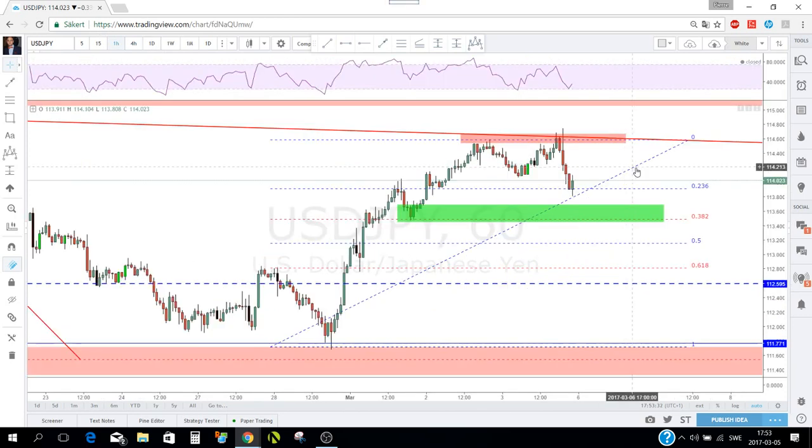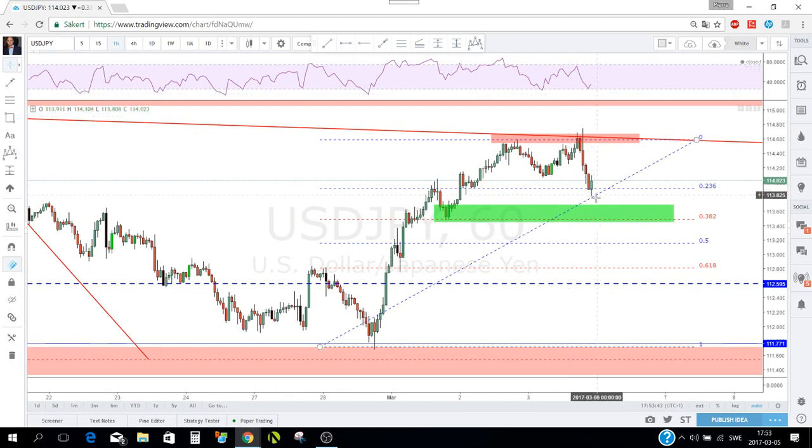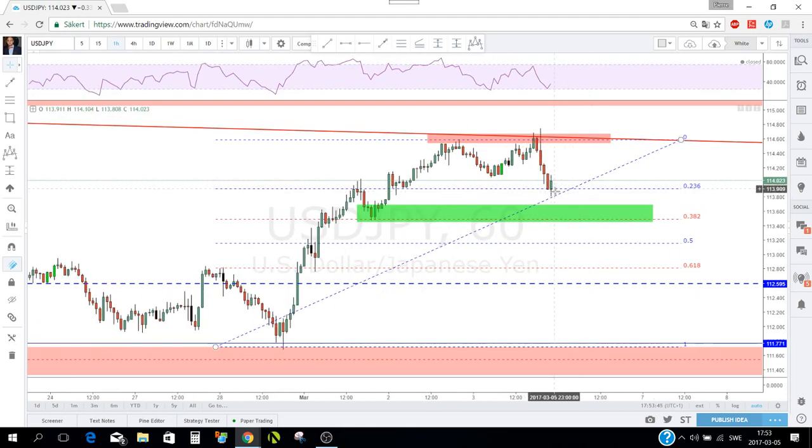If we go down to the 1 hour, we're starting to see the RSI heading to the oversold area. This last 1-hour candle is maybe a profit taking from those who shorted from up here.